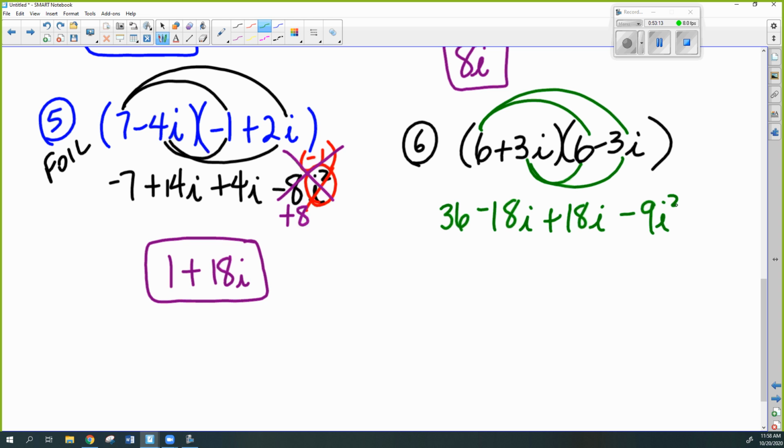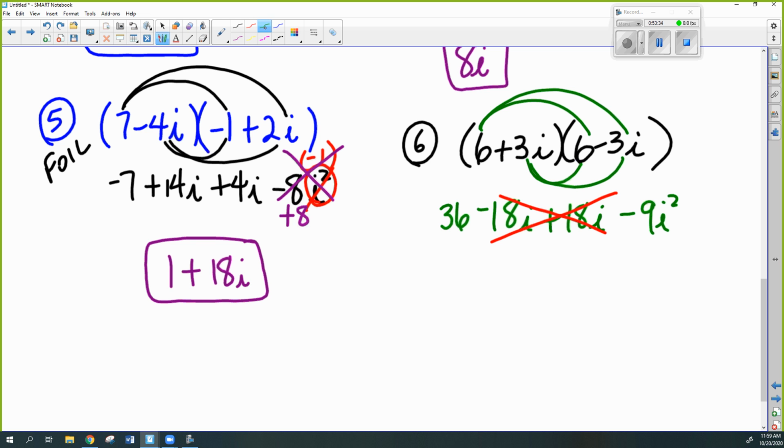Now something very interesting happens on this one. What happens to the two things in the middle? Right? They cancel each other out. Good, Tegan.